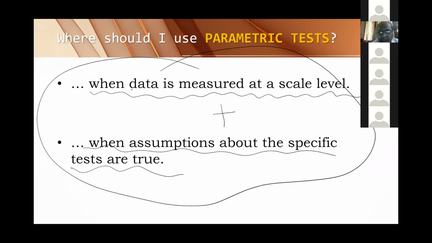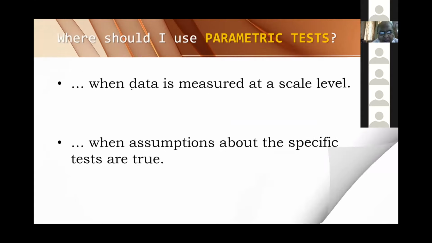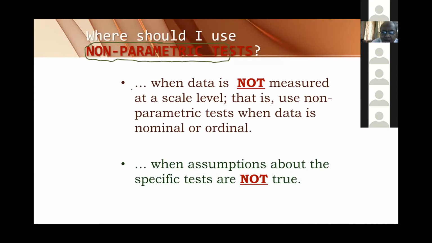It should be scale level as well as the necessary assumptions are true. When we use the non-parametric test, it is when data is not at scale level, or when the assumptions about specific parametric tests are not true. Is it okay?